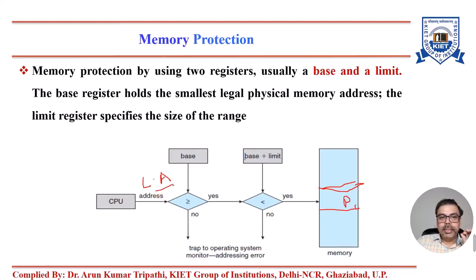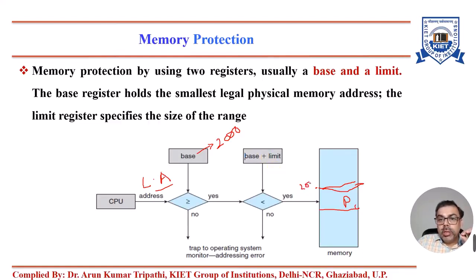The CPU generates an address, that is a logical address. It will check whether the address generated by the process P1 starts from the base address. Basically, the base register is a register that contains the starting value of that particular process. Suppose that it is 2000. Actually, it is in hexadecimal, but here I am taking it as decimal.